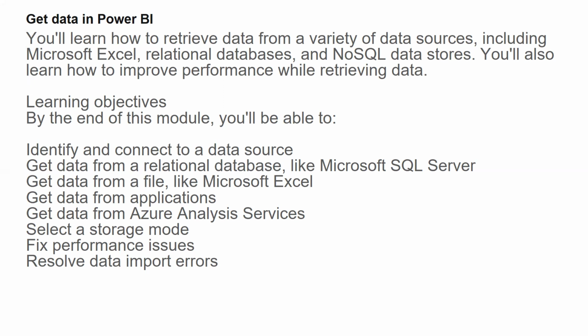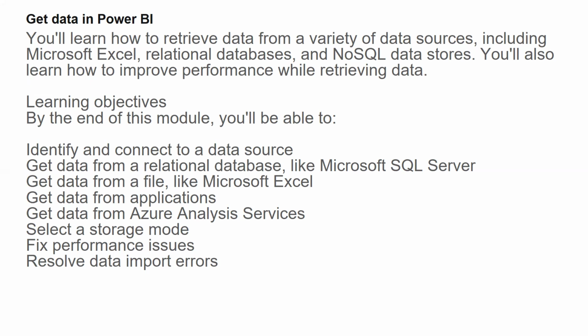Then relational databases. So there's a relationship between a primary key and a foreign key. I urge you to install Microsoft SQL Server and have it up and running, as well as a NoSQL data store. So you also learn how to improve performance while retrieving data. By the end of this module, you'll be able to identify and connect the data source, then get data from a relational database like Microsoft SQL Server.